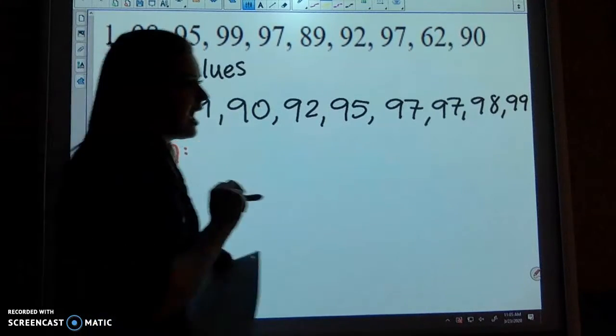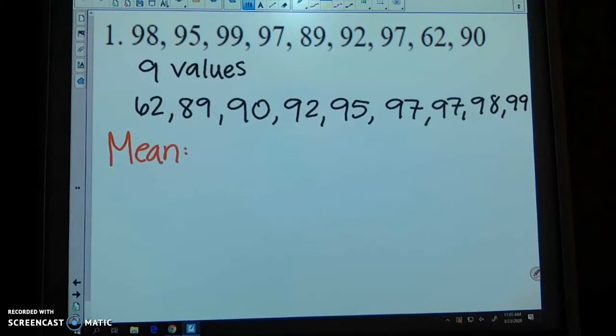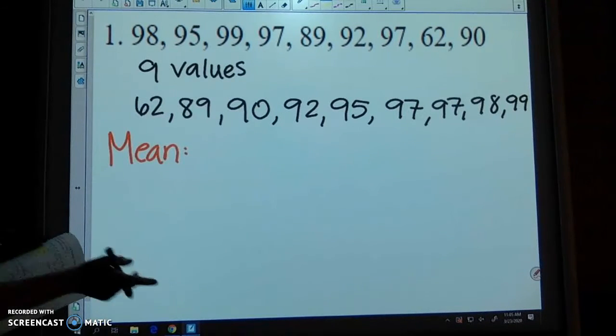So the first thing we're going to do is find the mean, otherwise known as the average. The mean, as you have been doing for many years, is just adding up all the values and then dividing by the total number of values. So I'll write this out for you.